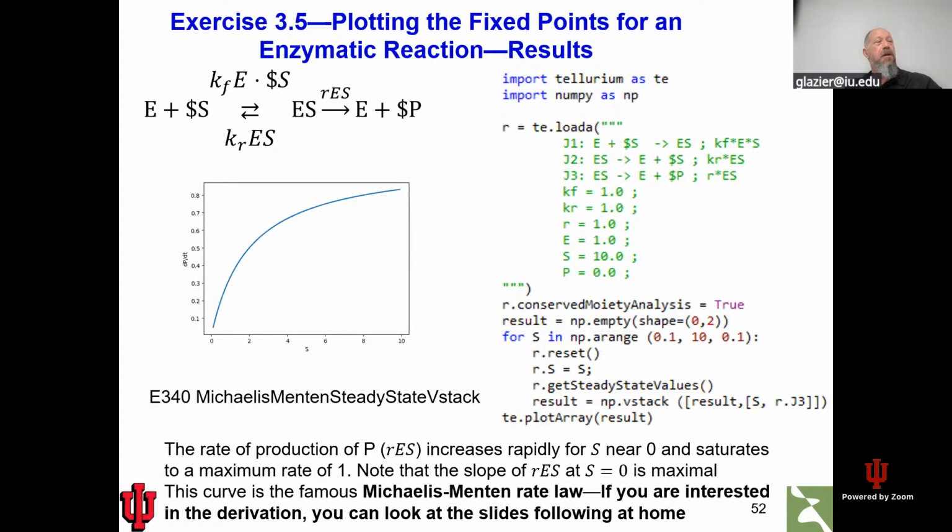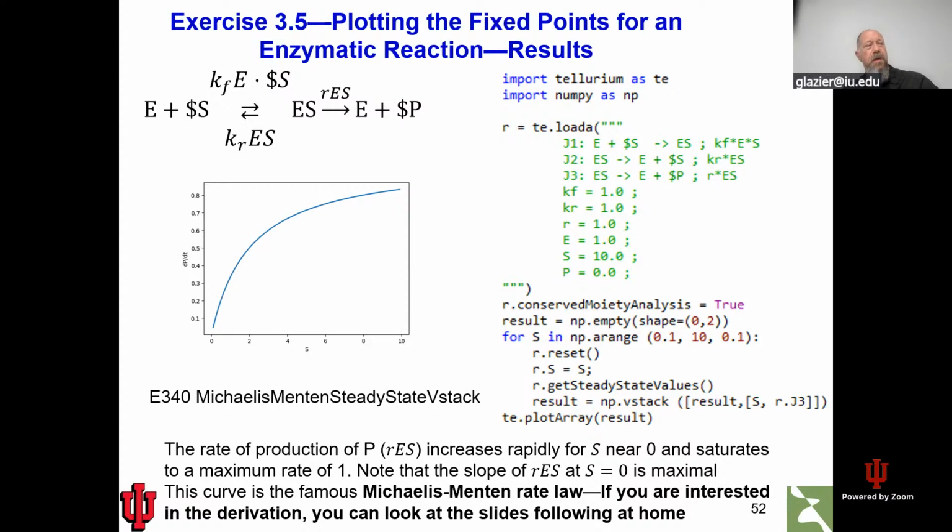And here is code that will do it, but it's using the VStack command rather than the append command. The append is a little bit simpler to type. And here I actually used get steady state values rather than just running the thing for a long time. You should not need the conserved moiety analysis equals true. That's old code.